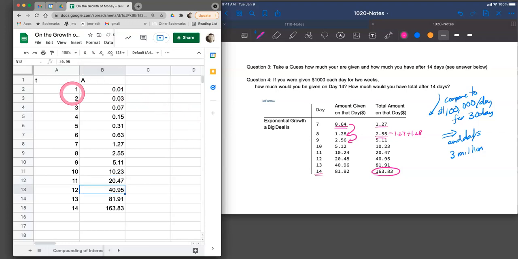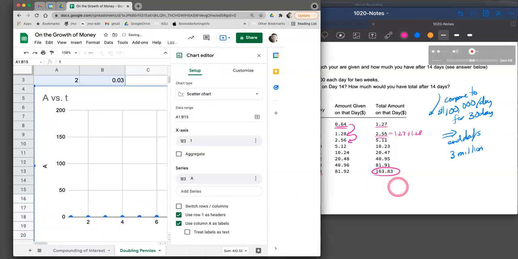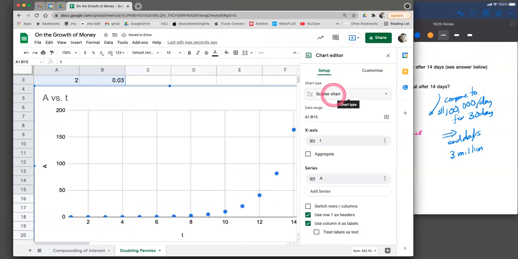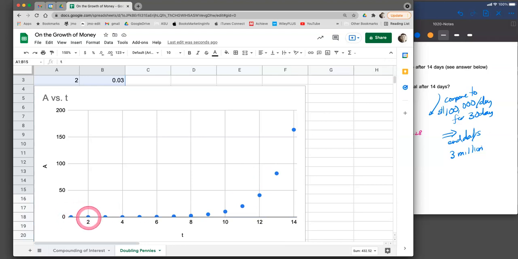Now let's take a look at this data plotted over time. Let's insert a chart and ask ourselves if we've seen a plot like this, right? And you say, sure, that kind of looks like an exponential function. We can see that the amount of money is growing. It's going upward and upward real quickly.